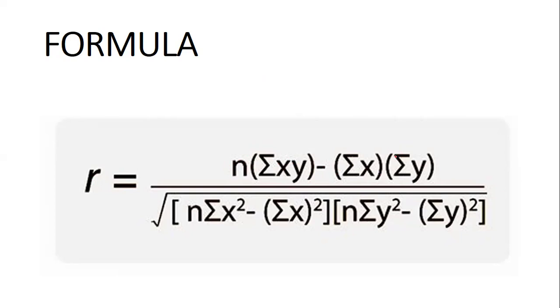Summation of X, summation of Y, over the square root of n summation of x squared minus the summation of x, squared. So the summation of x you bring here, and then you square it, right? And then the same thing repeats with the y variable: n summation of y squared minus the summation of y. What you have here is what you bring here, and then you square it. This is the formula that we're going to be working with when we're calculating the coefficient of correlation.